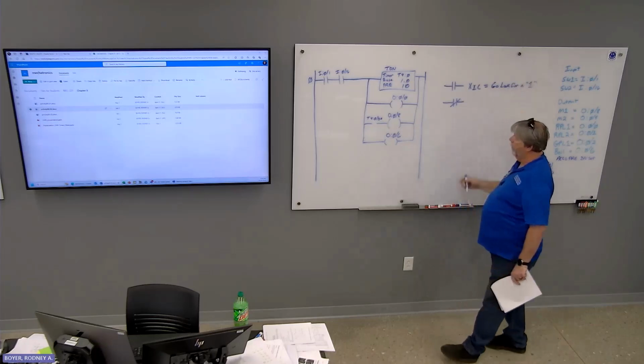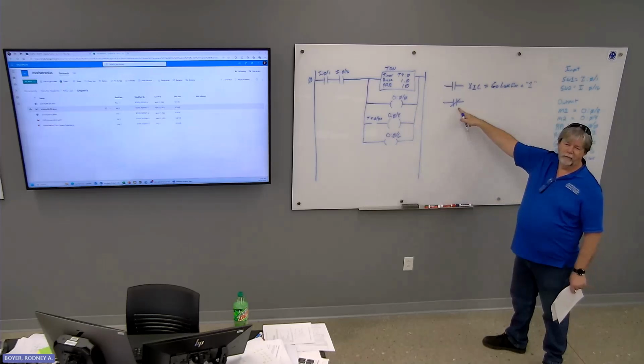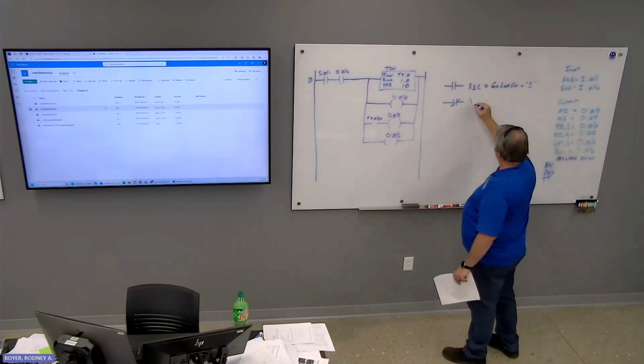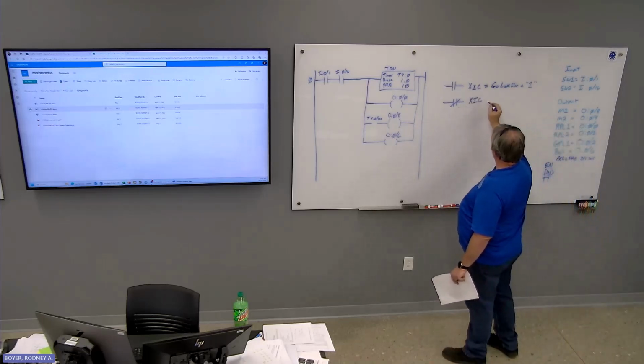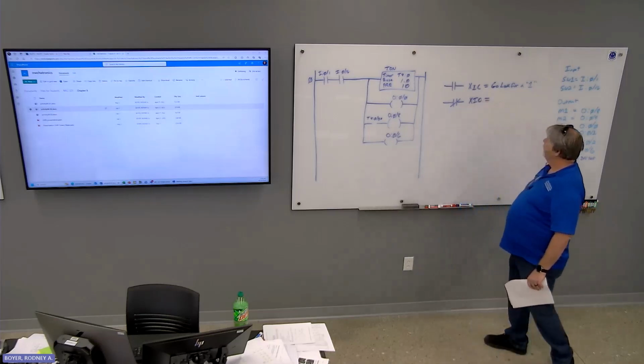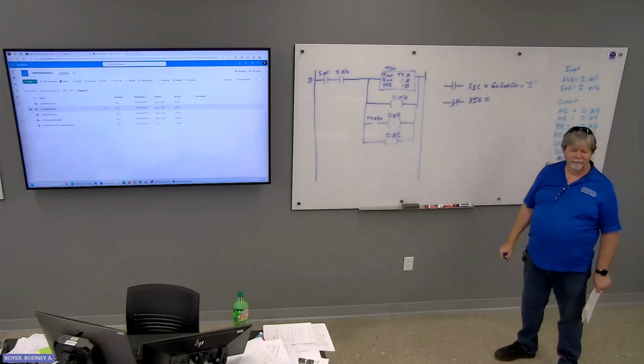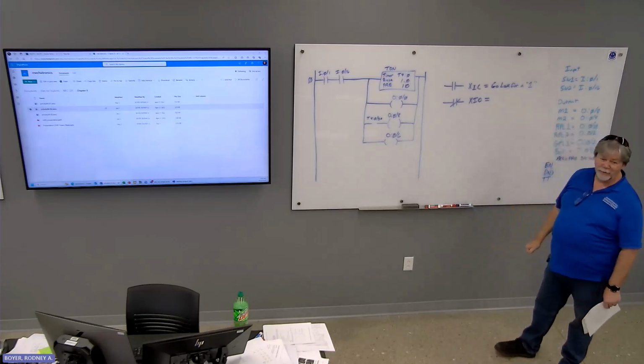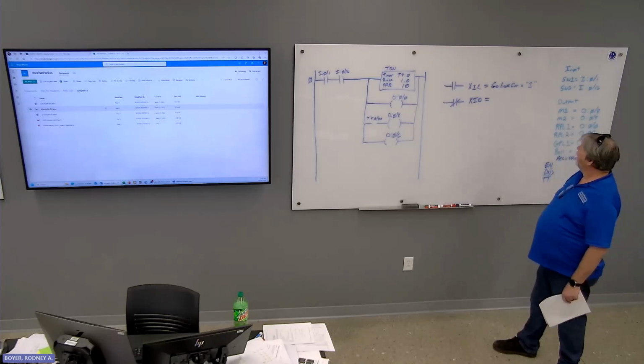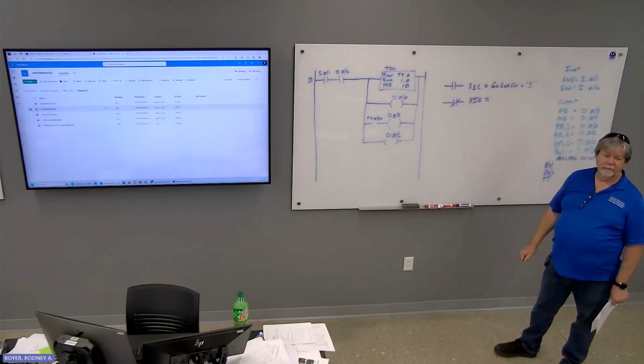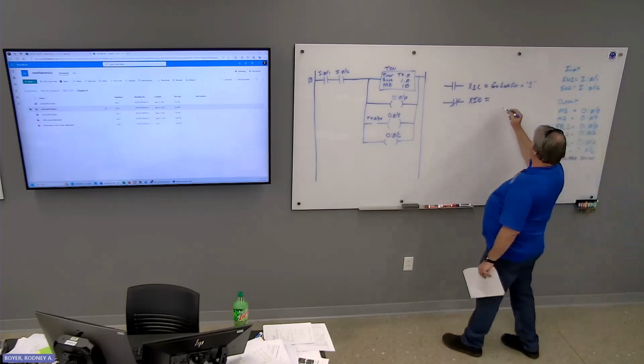What is this instruction? Examine if open. What does XIO mean? Go look for a zero.